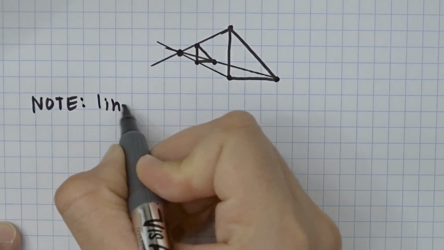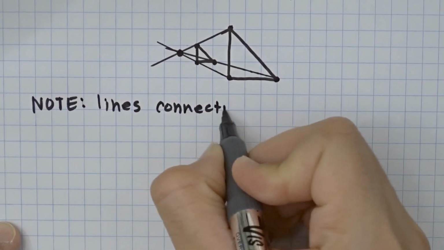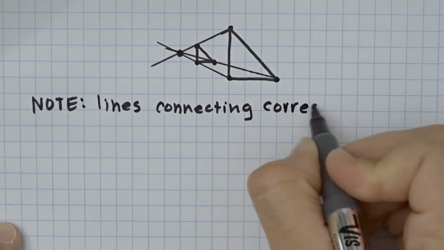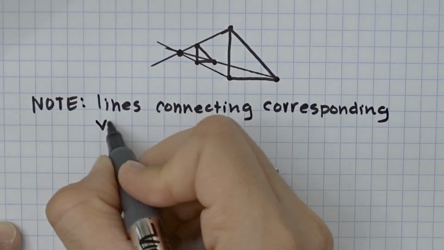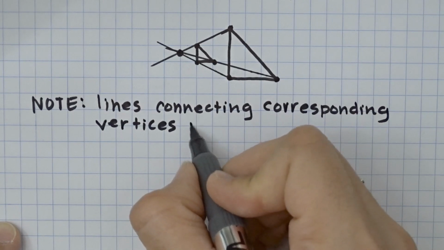So lines connecting corresponding vertices meet at a point.